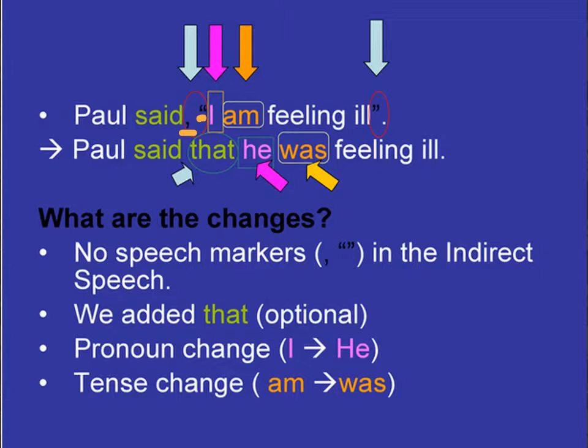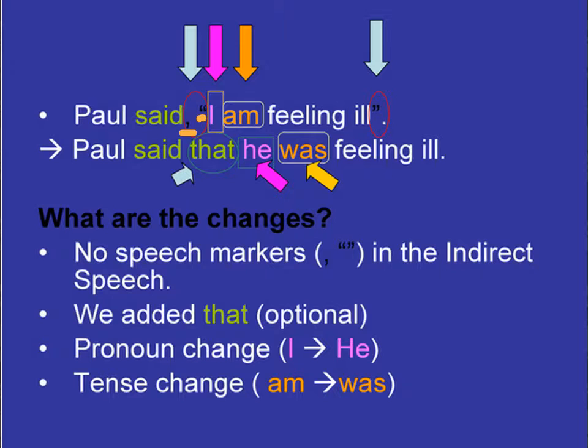I am feeling ill. The quotation marks are here and here. In the indirect sentence, Paul said that he was feeling ill. No quotation marks, no comma. I is turned to he, am is turned to was, and we complete our sentences.